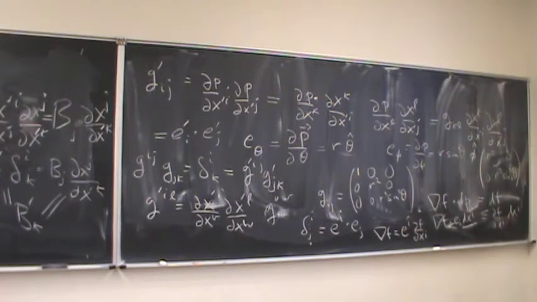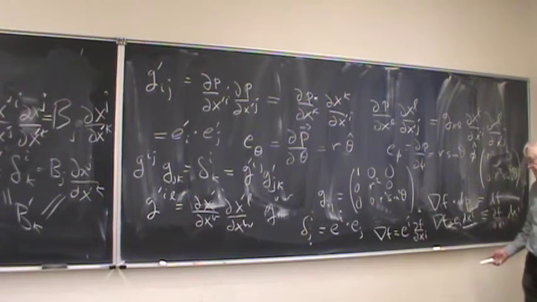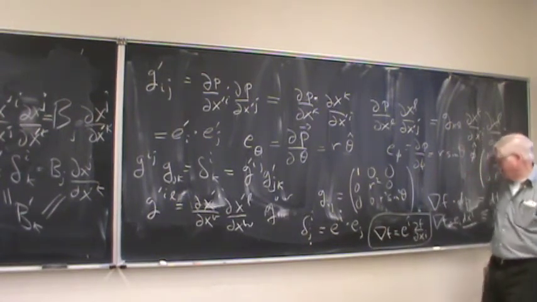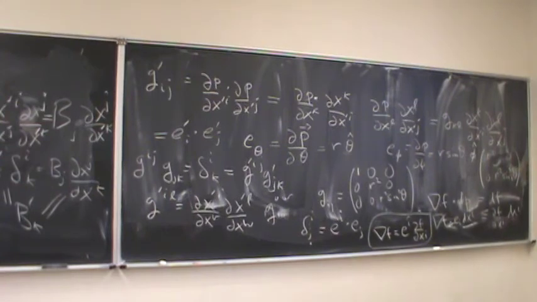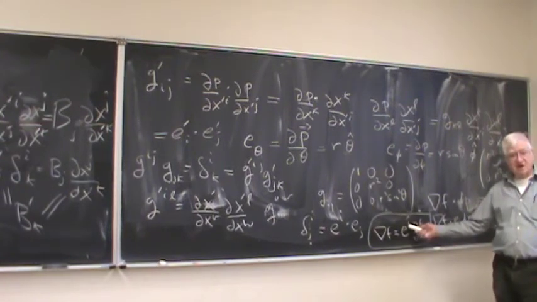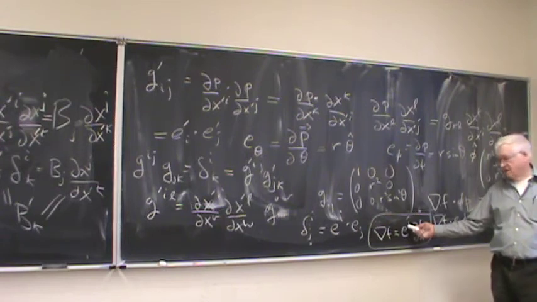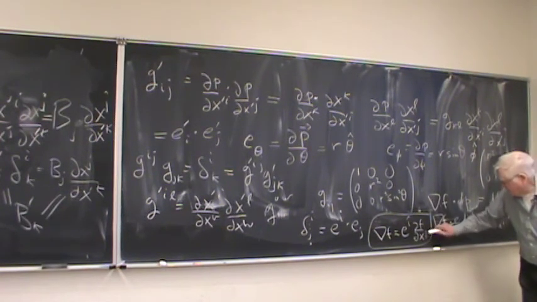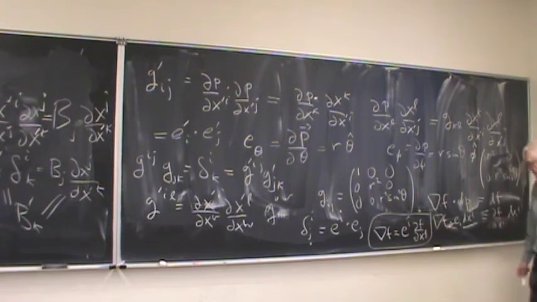Because you see then dotted into e lower i, you get this equation. And this again is an invariant quantity because this is a contravariant vector, and this is a covariant vector. Okay, I think we can stop here.